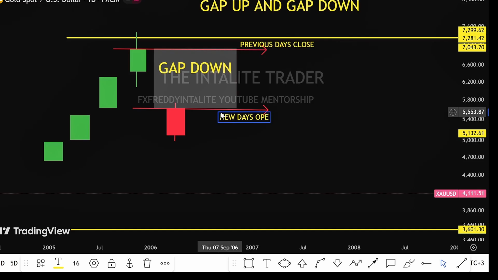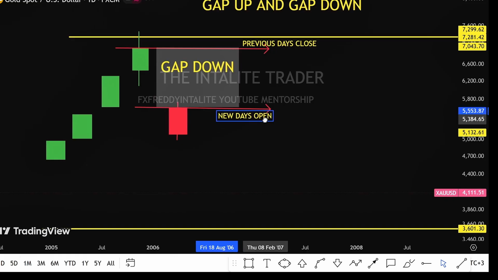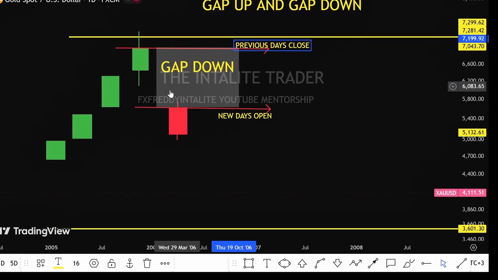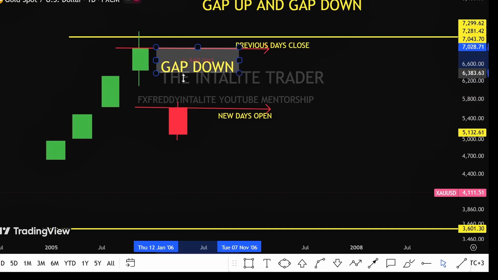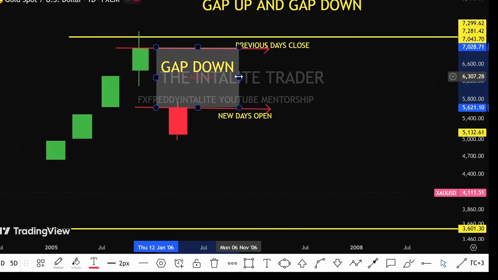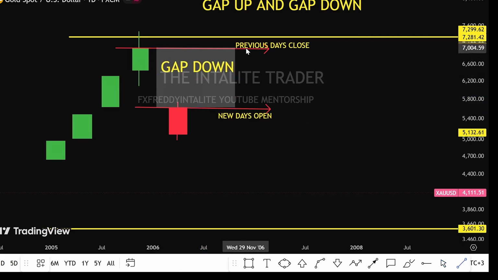When you mark the two, the range in between the previous day's close and the new day's open is what we call a gap down.